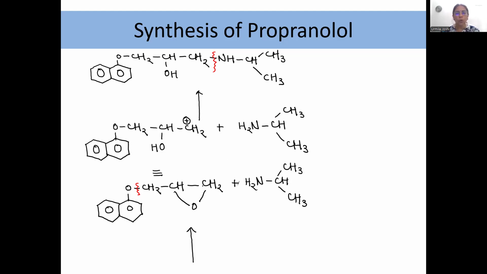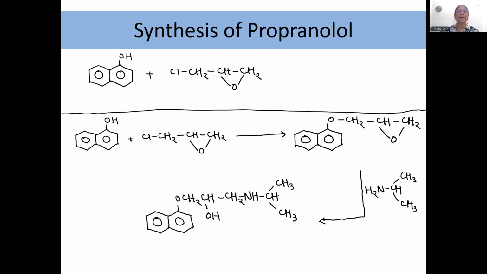Now, isopropylamine is commercially available, so no need to synthesize this. Now, how to get this substituted ethylene oxide? Have a look at this. When you treat epichlorohydrin with alpha naphthol, you know naphthols or phenols are acidic in nature.